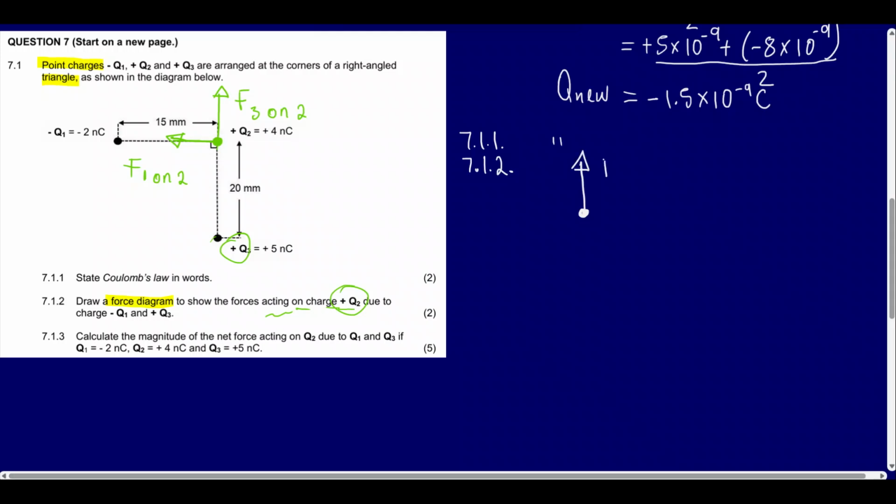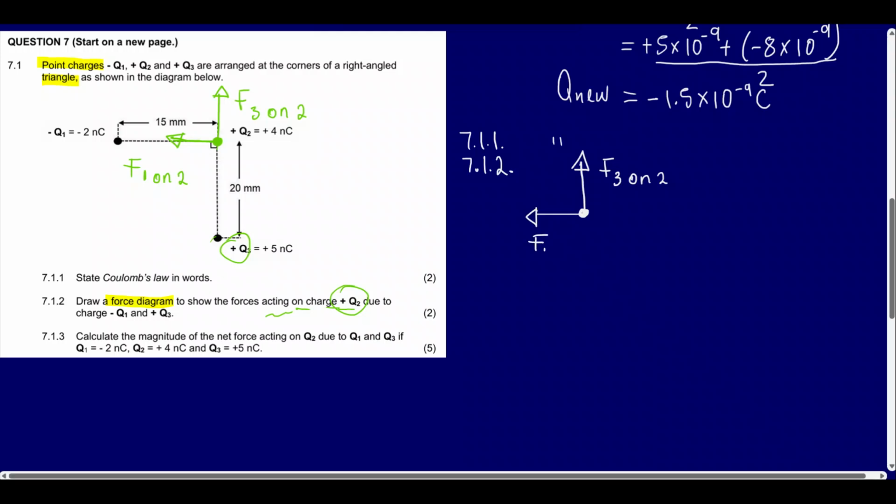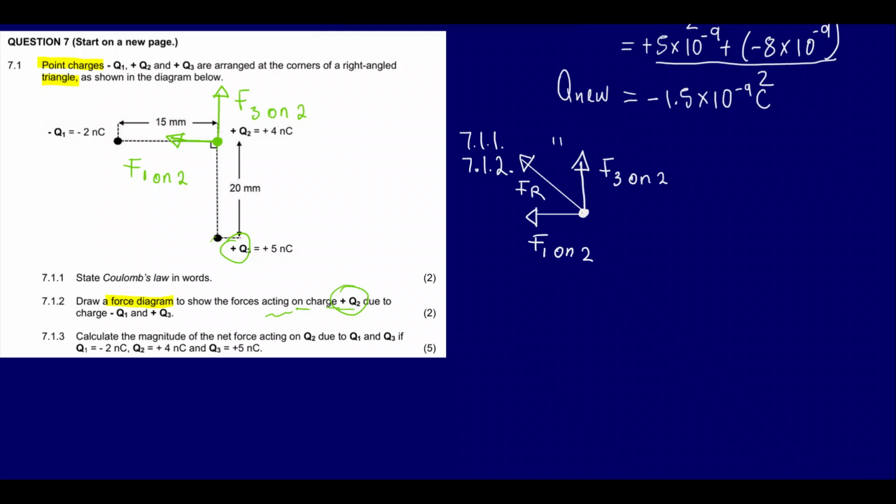So the vector diagram here is going to be a dot, with one force going up, which is going to be the force by charge 3 on charge 2. And this one is going to be the force by charge 1 on charge 2. So your resultant force, as a result, is going to go in that direction.